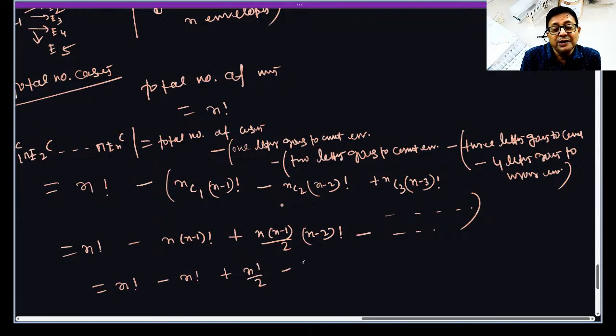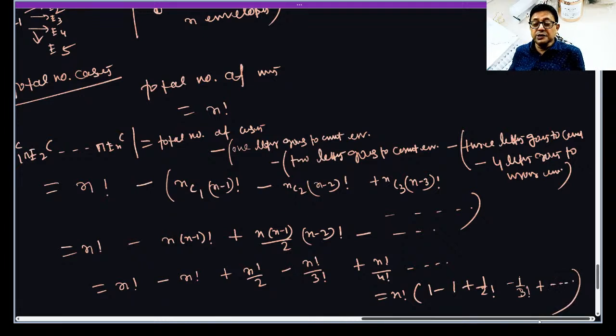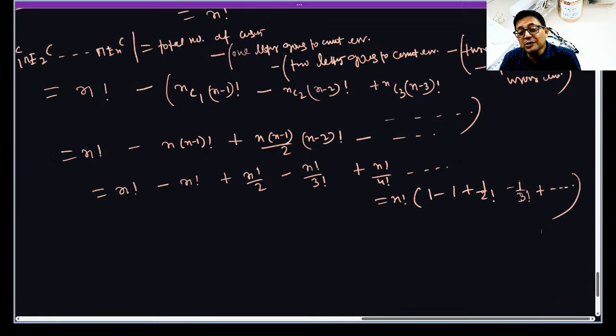Next one will be plus, so there it will be n factorial, and it continues this way. This is the derivation. So we have started with, for 5 letters.